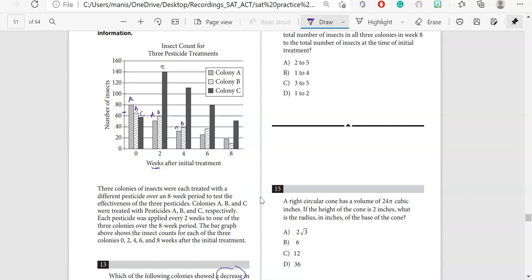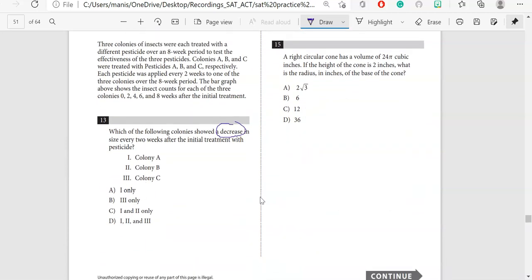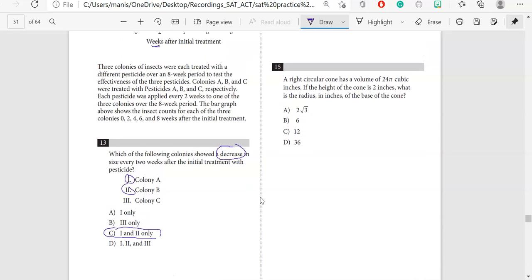So what it is telling me over here is that in colony A and B, the number of insects is going down. So the question says, which of the following colonies shows a decrease in size every 2 weeks after the initial treatment with pesticide? I know colony A and B. So choice C is the one which says first and second only. Now choice A is incorrect. Why is choice A incorrect?